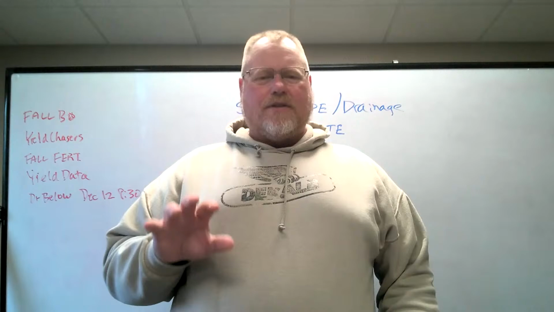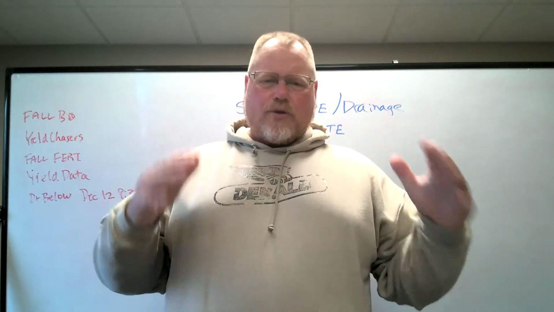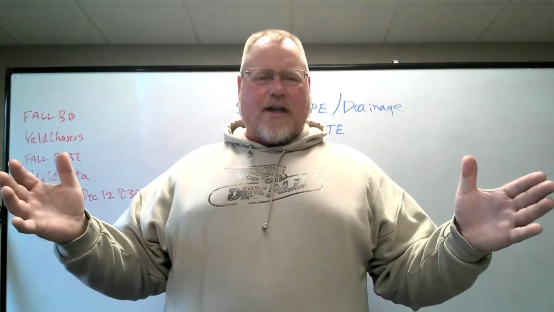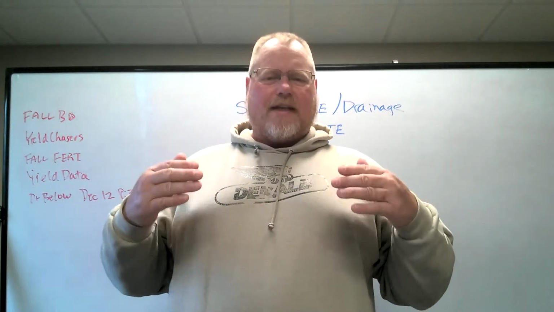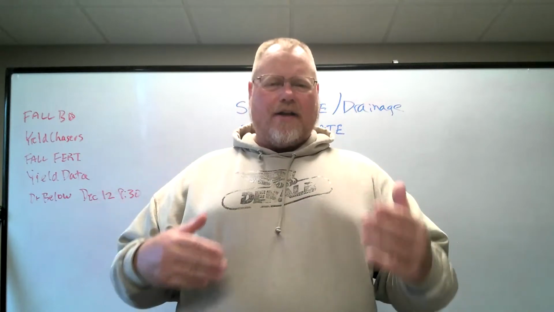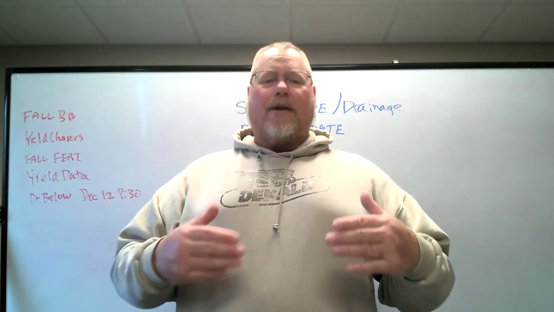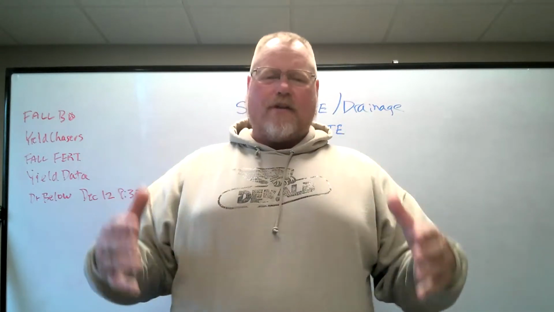But anyway, just recognize that the optimal harvest moisture for corn is 20 to 25% or so for maximum yield, and we obviously can't get it all out of the field at that moisture. People are trying to come up with strategies for how to harvest more of their corn at the ideal harvest moisture. Some of you think that's crazy.